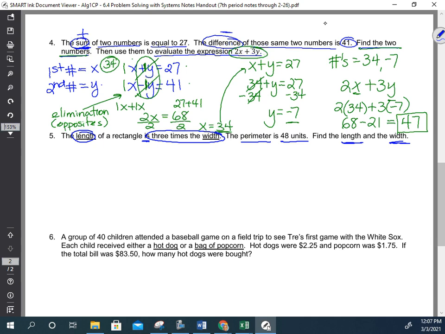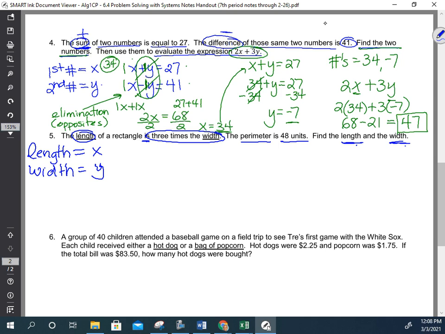It's blatantly obvious which two things are missing. Set is the problem. But just in case you didn't know it, length and width. So length is x, width is y.